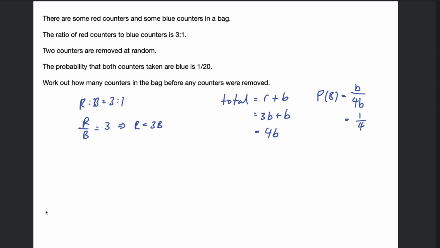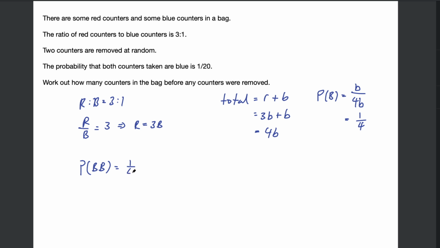Anyway, then we're looking for the probability that both counters taken are blue, or a way to represent that. And we talked about this in yesterday's video. How do I represent the probability of a blue and then another blue? We multiply them, right?